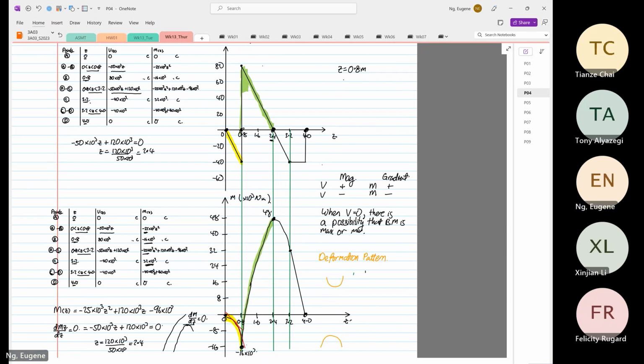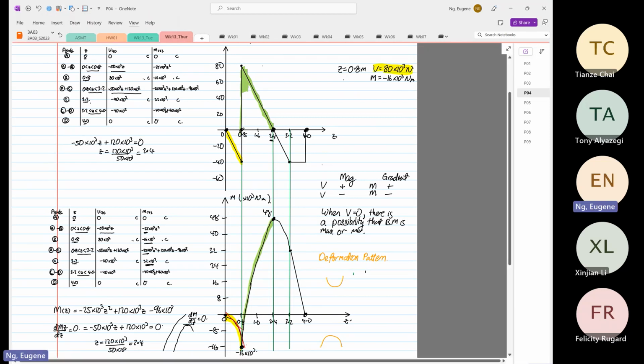At that point, we have V equal to 80 times 10 to the power 3 Newton, and our moment is equal to minus 16 times 10 to the power 3 Newton meter. Why do I select this point? Because that is the point where the maximum shear force occurs.